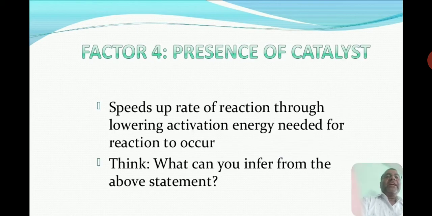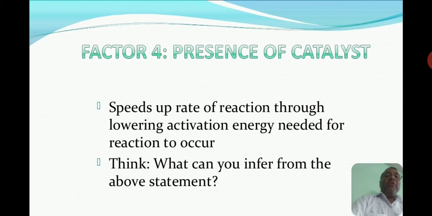Now, the fourth factor is the presence of a catalyst. In what way will the presence of a catalyst affect the rate? As you have studied in collision theory, there is an energy barrier in between the reactant side and the product side. It requires a certain amount of energy to cross that barrier.